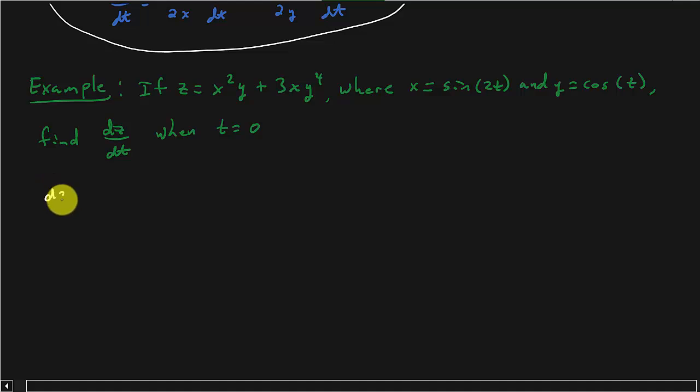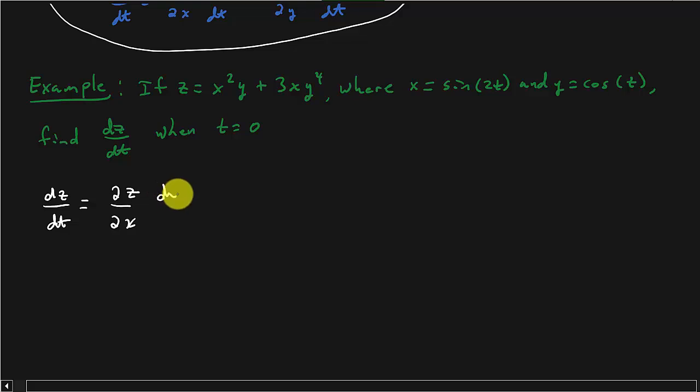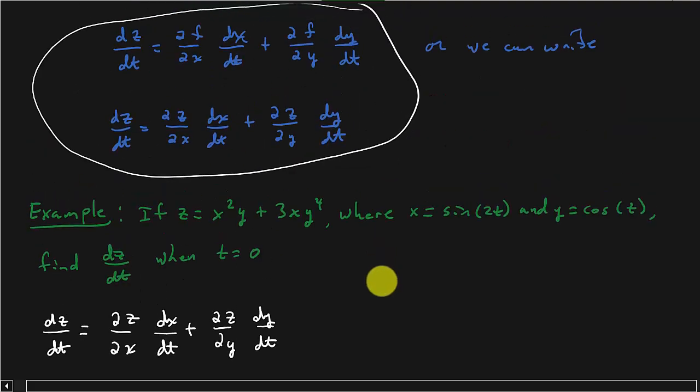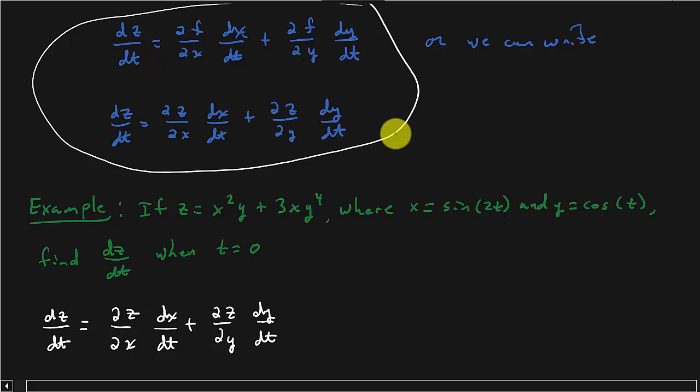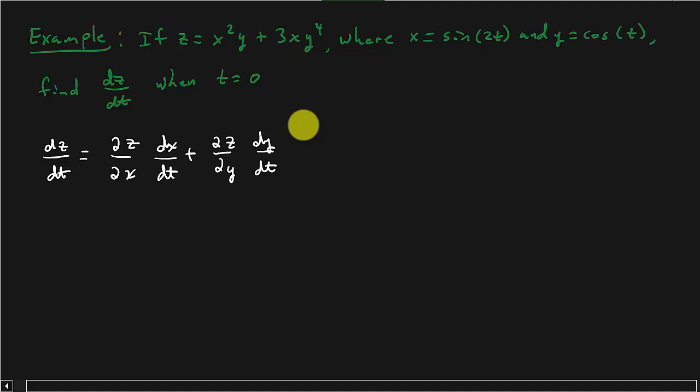So we know the derivative of z with respect to t is equal to the partial of z with respect to x times the derivative of x with respect to t plus the partial of z with respect to y times dy/dt. And all I did was write this down right here. That's all I did.